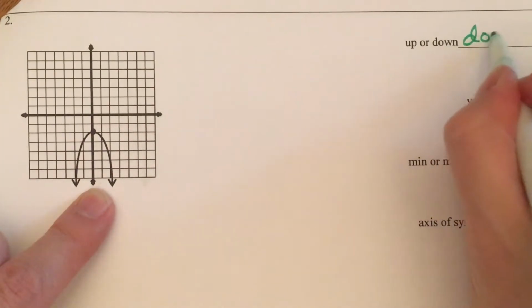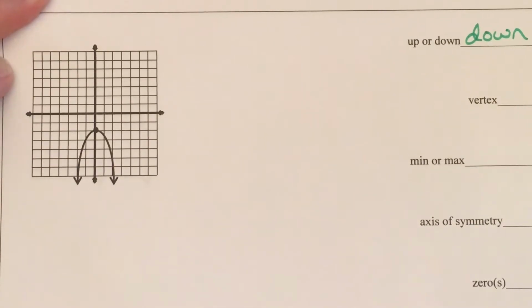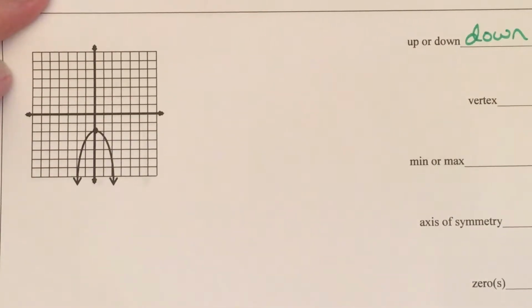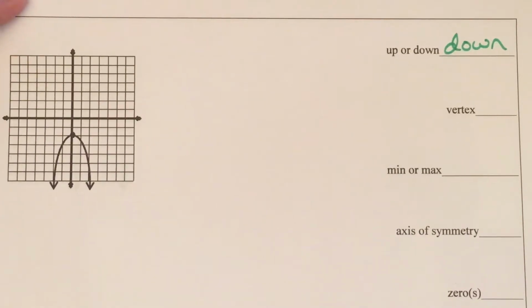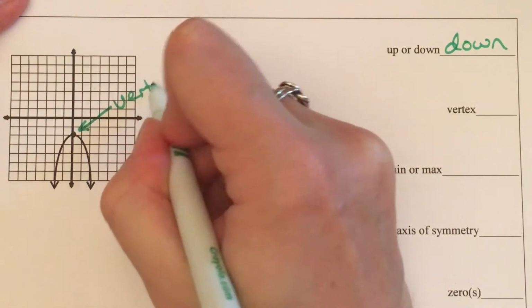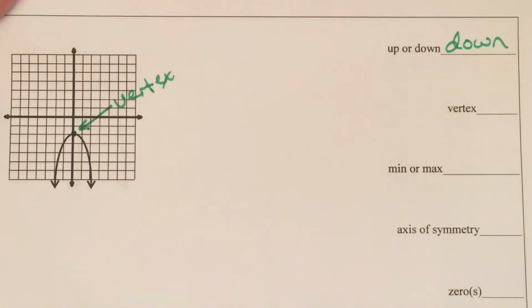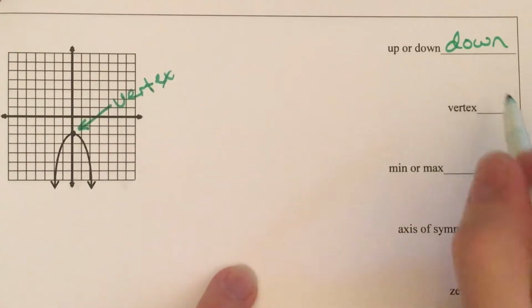You're right, it opens down. So where is the vertex located? Can you draw an arrow to it? Great, this is the vertex. What's the address of that coordinate point?